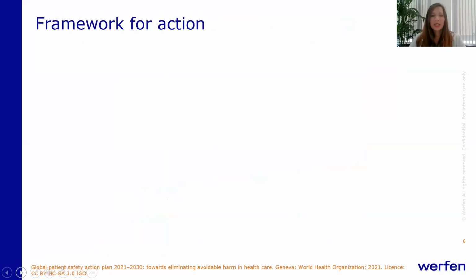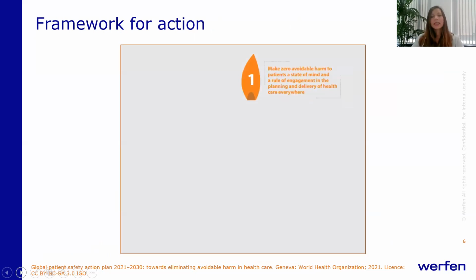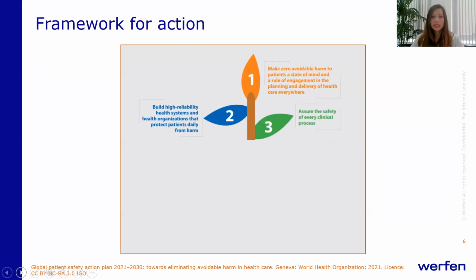This action plan is built with a framework for action, and in particular 7 strategic objectives. The first strategic objective is to make zero avoidable harm a state of mind, while the second is to build high reliability health systems to protect patients. The third one is to assure the safety of every clinical process, while the fourth one is to engage and empower patients and families, involving them in the process of care.